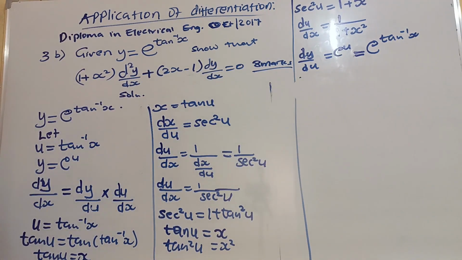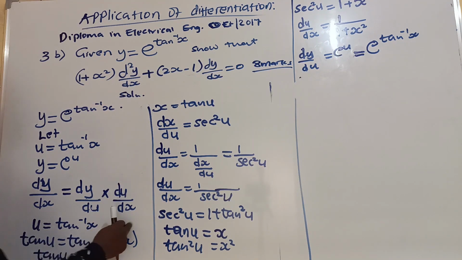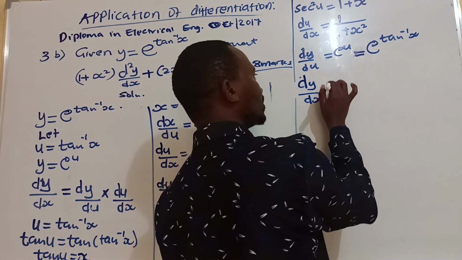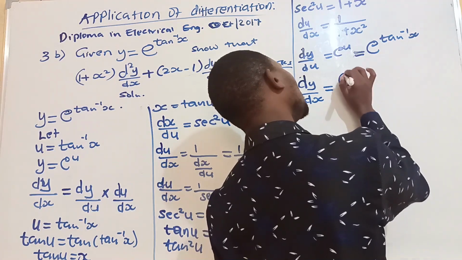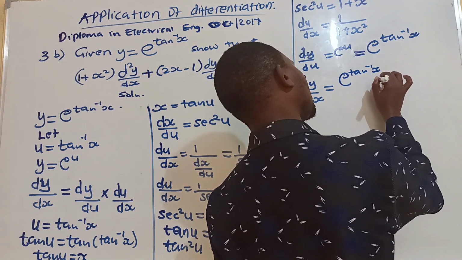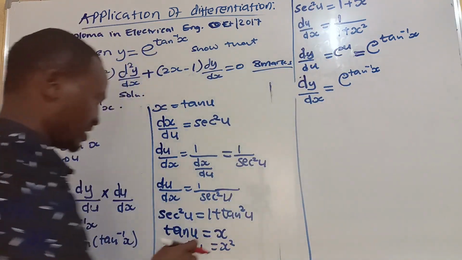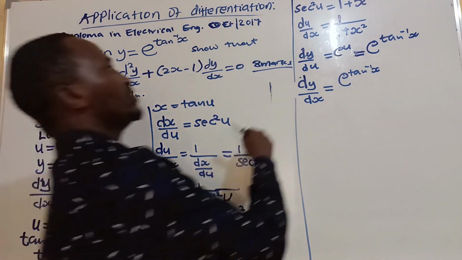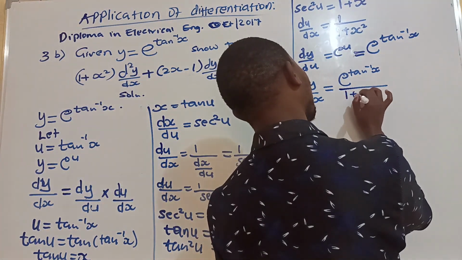So now dy/dx is equal to dy/du times du/dx. dy/dx is equal to exponential tan inverse x times du/dx, and here du/dx is 1 over 1 plus x squared.